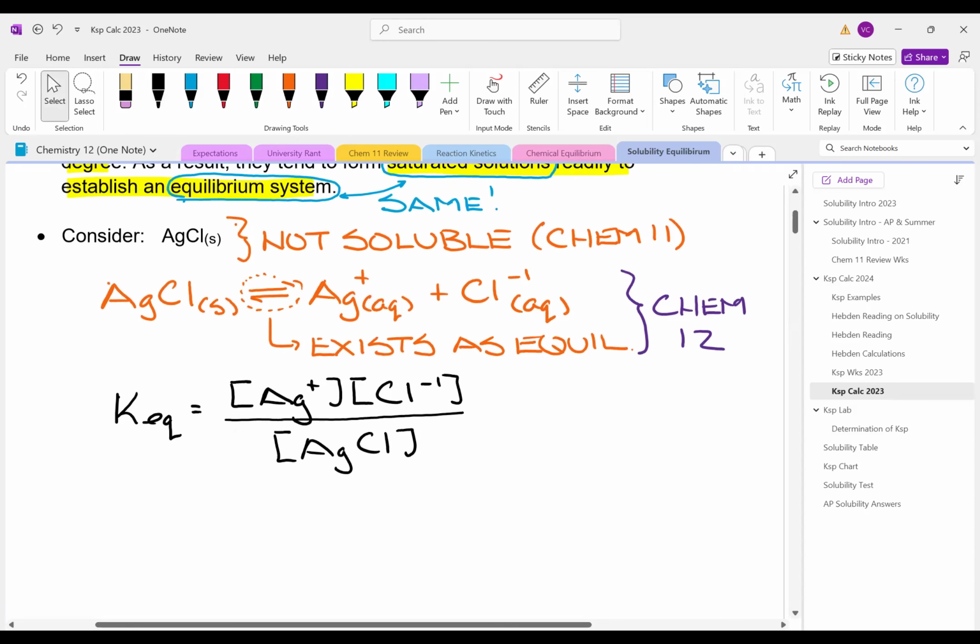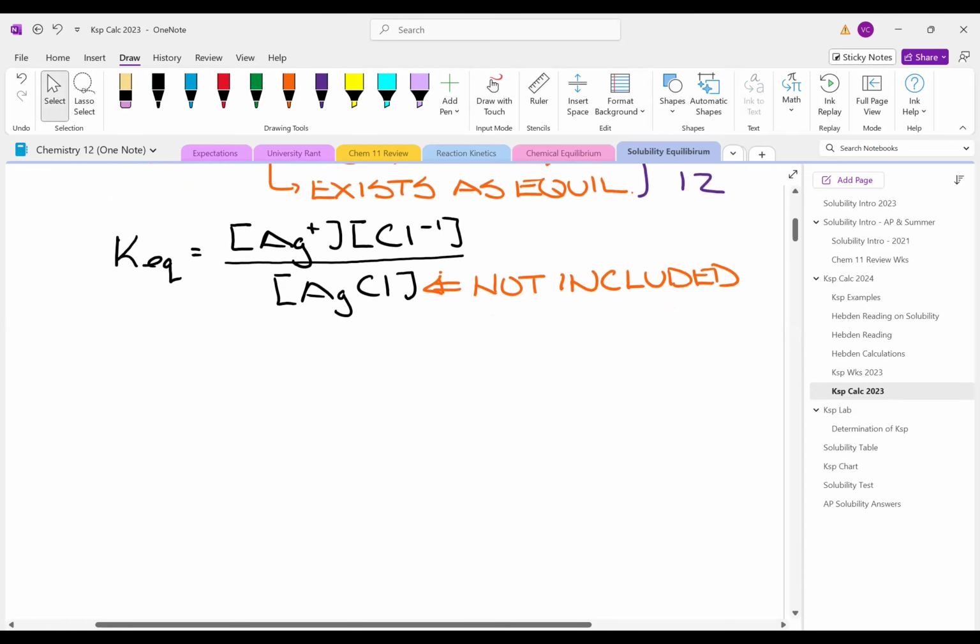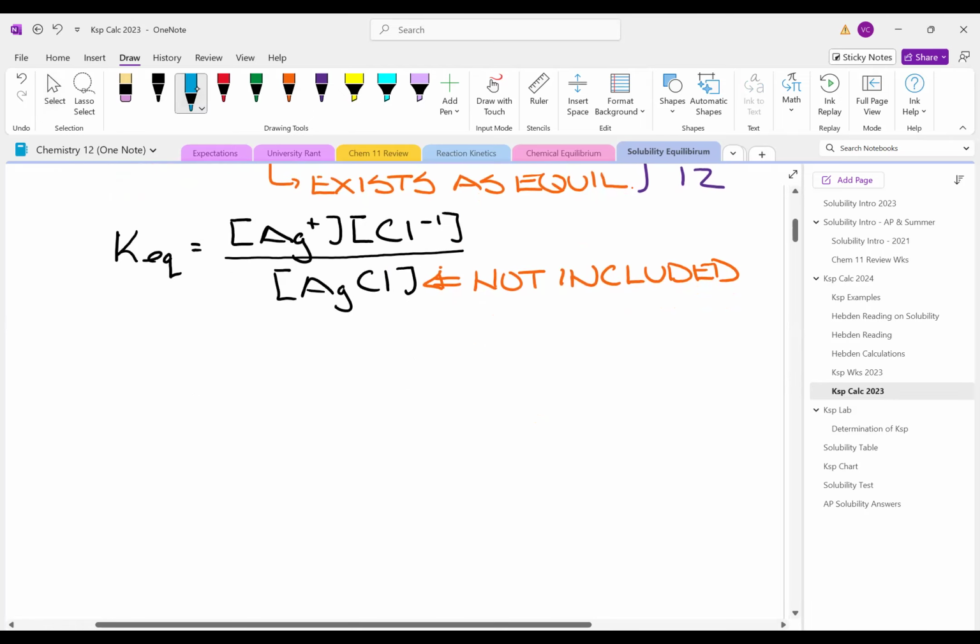Now, remember back in equilibrium, solids are not included, so here it is not included. Remember, solids are not included in a KQ expression. So we can rewrite this as KQ equal to the concentration of Ag plus times the concentration of Cl minus, all over 1.